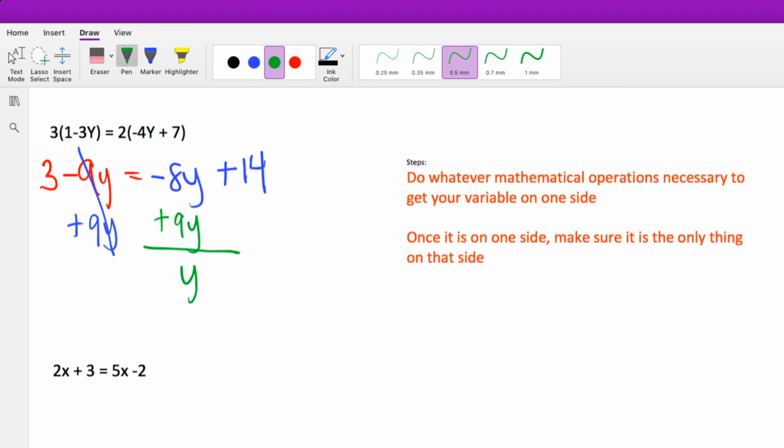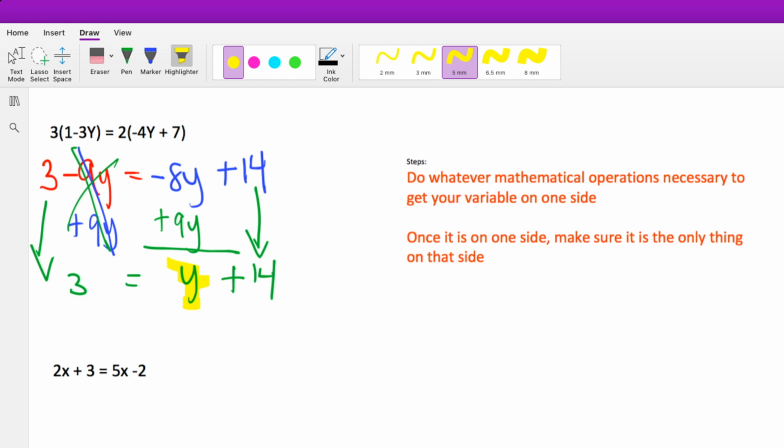And now let's rewrite everything. We still have that 3 over here, so I'm going to bring that here. 3, these went away, equals y, plus we still have this 14. Okay. So now that our variable is on one side, we only have one y to work with. It is not the only thing on that side yet.